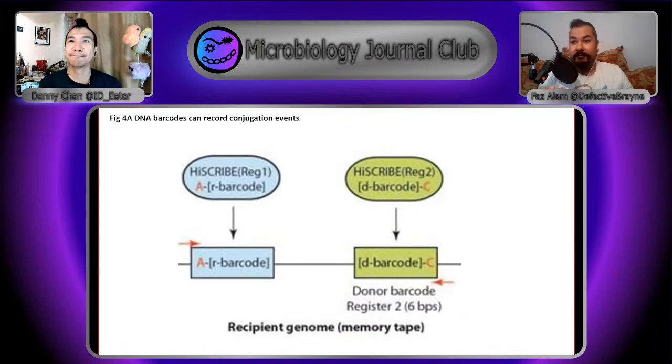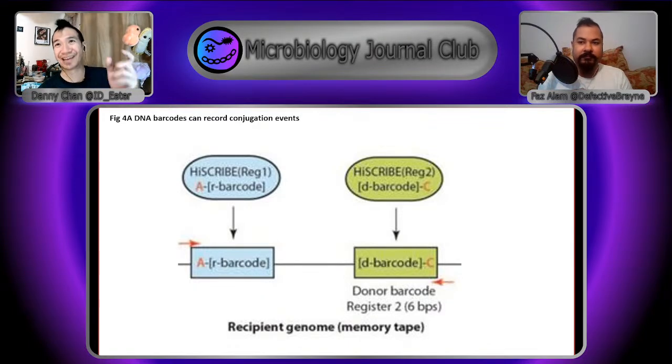So they've got two different barcodes. One's the recipient barcode, one's the donor barcode. On this area of the gene they're calling memory tape, and I think they're playing into this idea that this is acting like memory, almost like computing. They talk about it too: in the sequence, there's one bit that is just the control bit to say did something get written here.